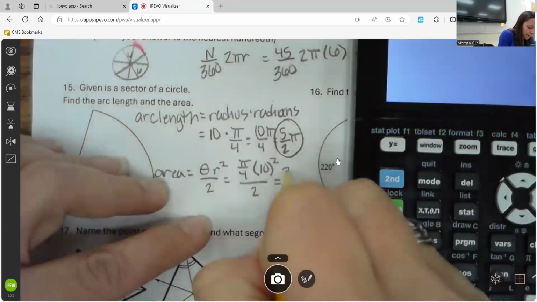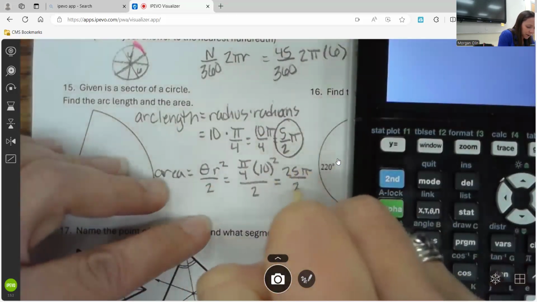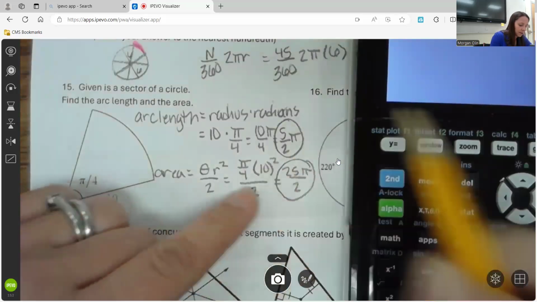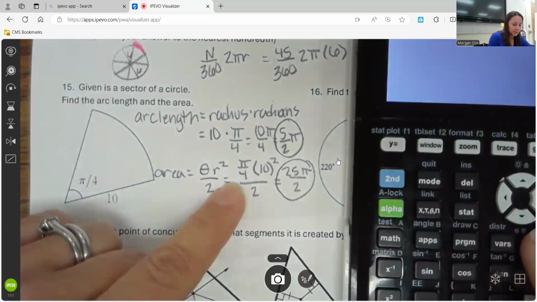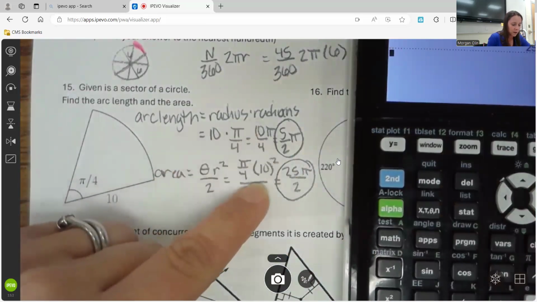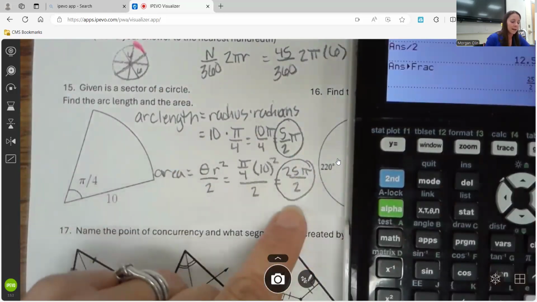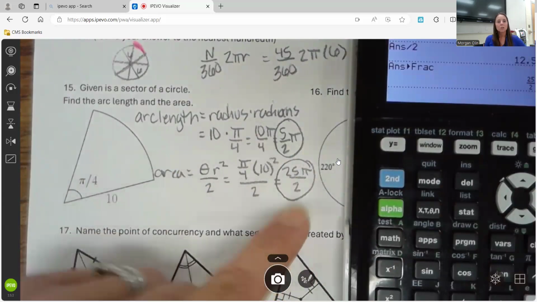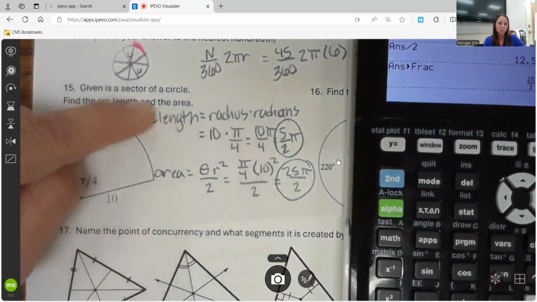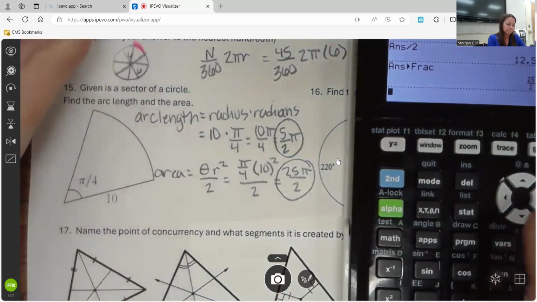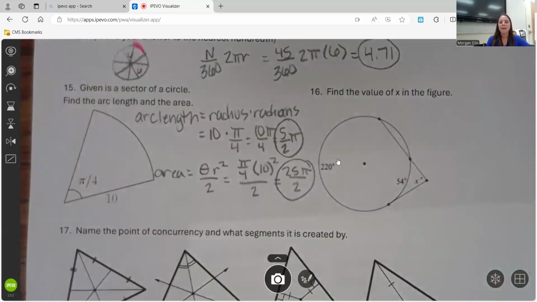So that's 25 pi, and then divide by 2. Now 2 doesn't go into 25 evenly, so I just leave it like that. Another way you can do it: if you have 1/4 times 10 squared, that is 100, and then I divide that by 2. But again, 12.5, so math, enter, and 25 over 2. Make sure you know the two formulas, the arc length formula and the area formula when it's given in radians.